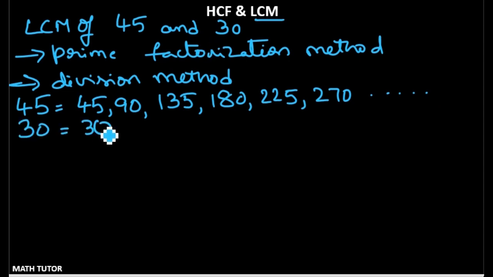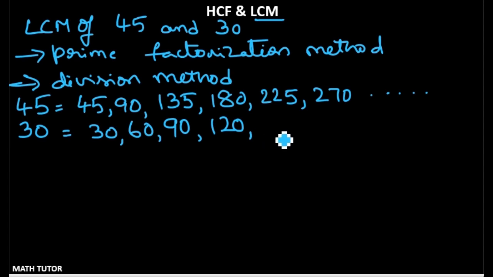Now multiples for 30. 30, 30 times 2 is 60, 30 times 3 equal to 90, then 30 times 4 equal to 120, 30 times 5 equal to 150, 30 times 6 equal to 180, and the list keeps going on, right?